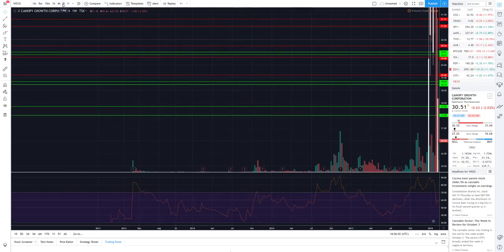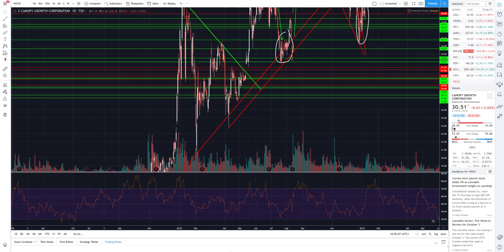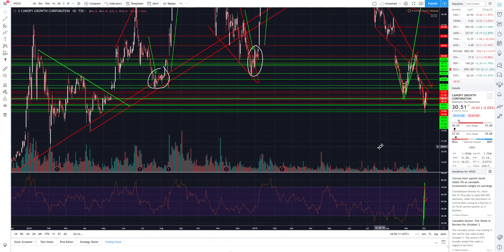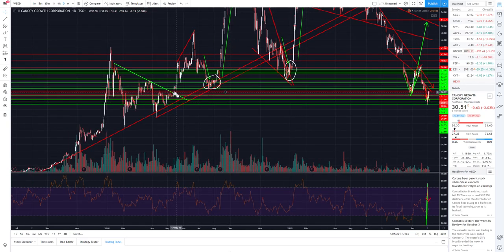But how did I know it was time to cover? I just zoomed all the way out, and this was the original level that we bounced on. So this is the daily chart. The gap fill over here, and as you can see, it's so many pops and drops off this level. It's very significant.